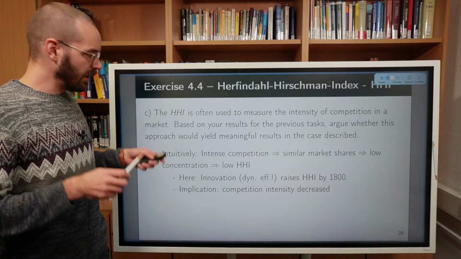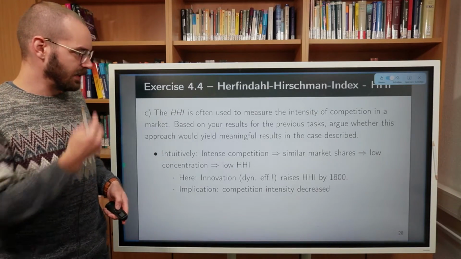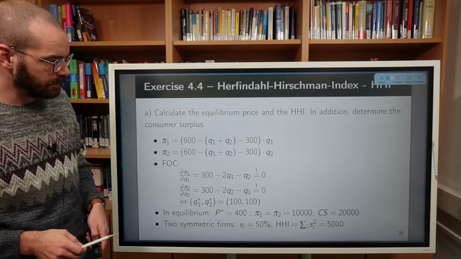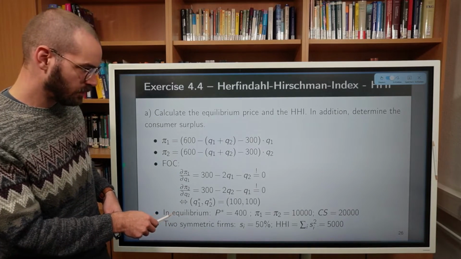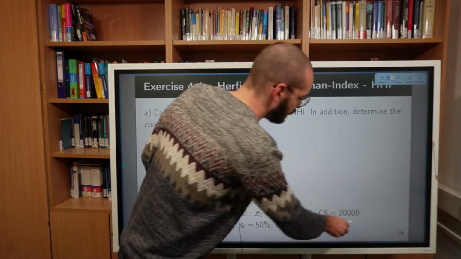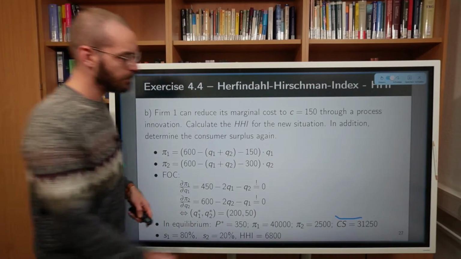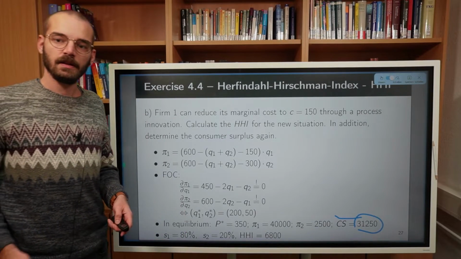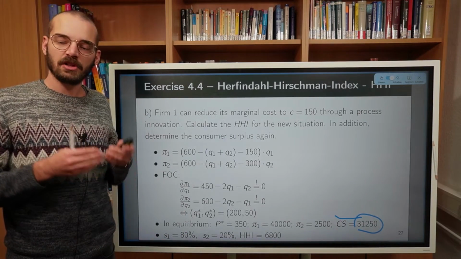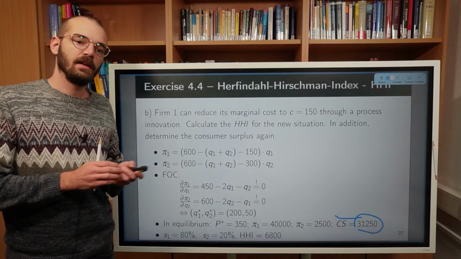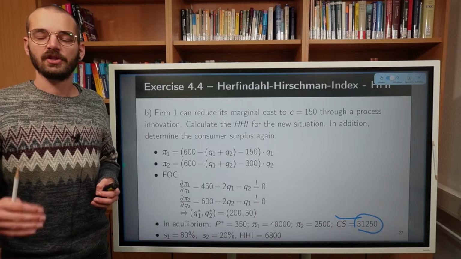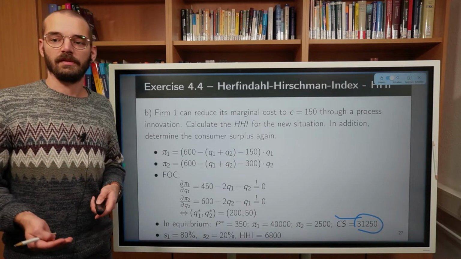At the same time, what we have seen is that the consumer surplus increased from 20,000 to 31,250. So this HHI is not taking the effects of this dynamic efficiency, this reduction in costs, into consideration at all.